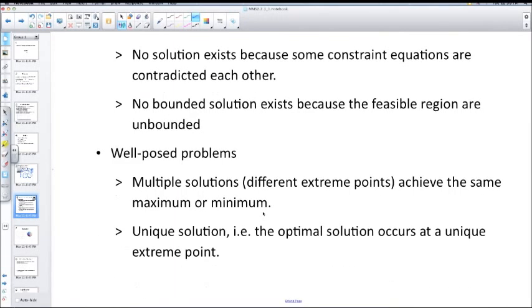It usually either has multiple solutions with the same maximum or minimum but different points to achieve the same goal, or even better, you have a unique solution. That means you only have one point of x, y, z to achieve the maximum or minimum.